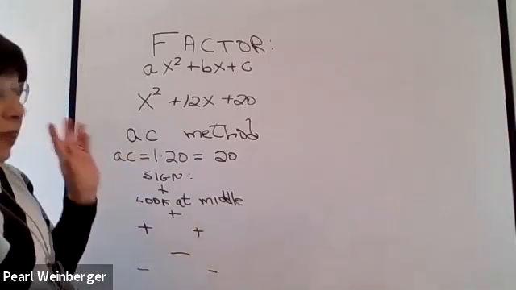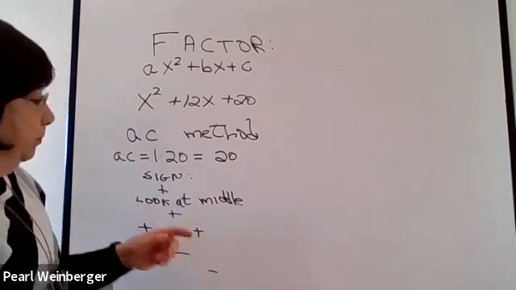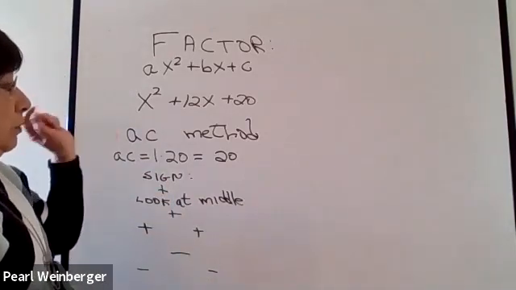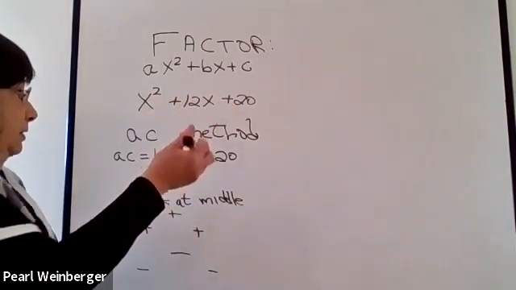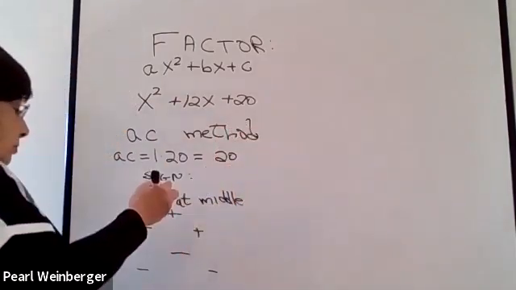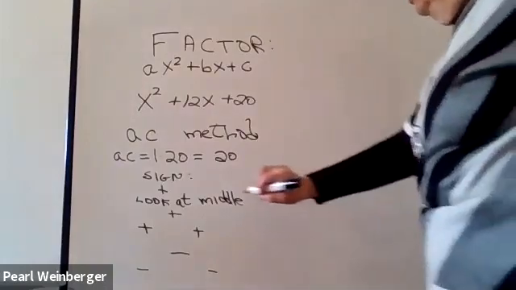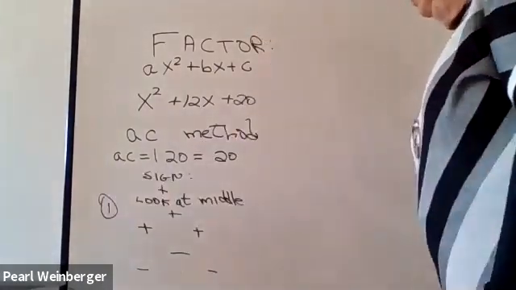After that, so that takes care of the sign. We also have to worry about what the numbers are. So how do I figure out what the number is? I look at that AC. So this is step one, dealing with the signs.